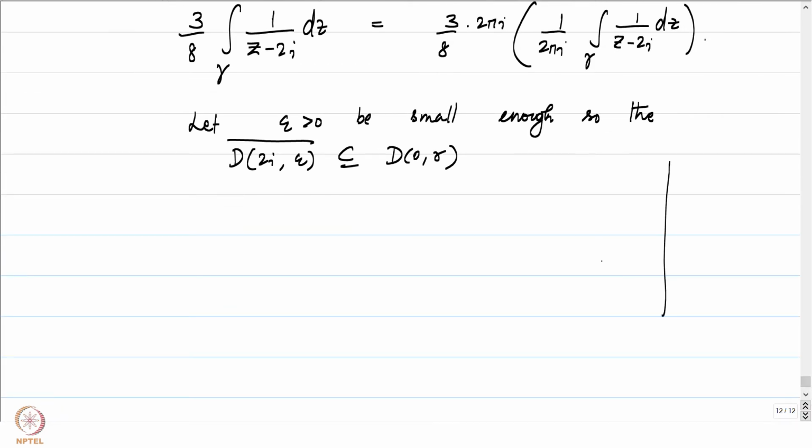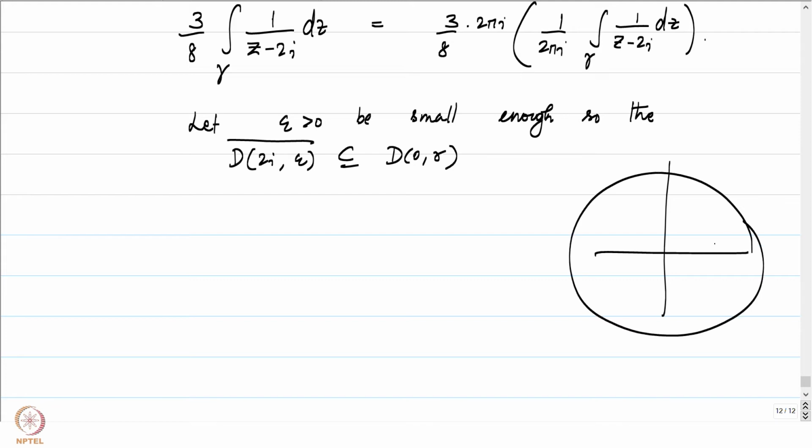So the picture is this. We have the disk of radius R, there is 2i here, and we are looking at a small circle of radius epsilon. And let gamma 1 be equal to 2i plus epsilon e to the power it, for t in 0 to 2 pi.